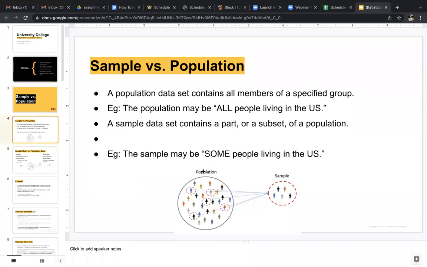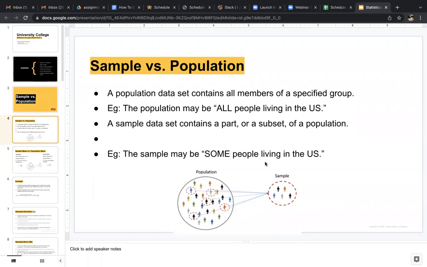And what is your sample? A sample data set contains a part or a subset of a population. For example, the sample may be some people living in the US. So you can say that the US is the population and the sample is your Arizona state, right?